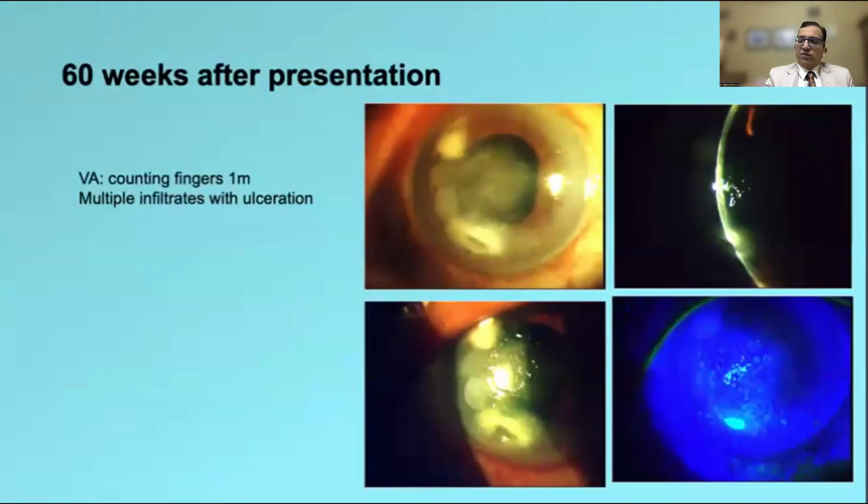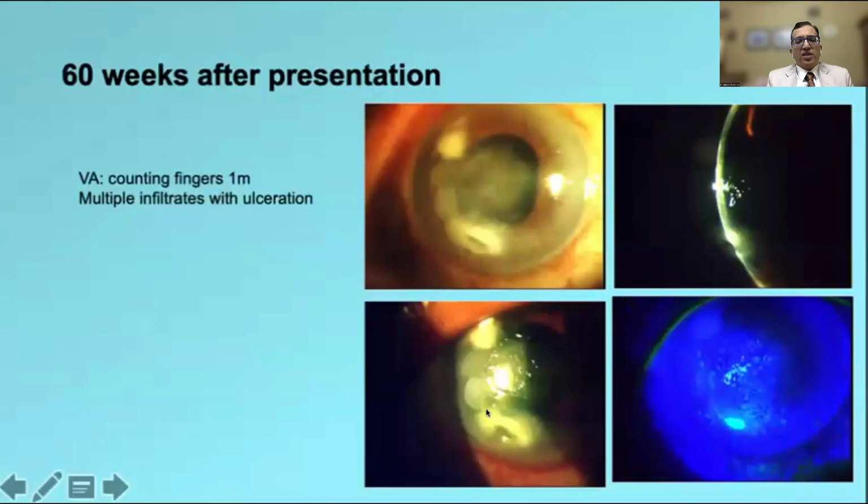At 60 weeks, we found that the ulcer had become quite severe, and in the lower part, it had broken through the epithelium, and there was some area of thinning also.